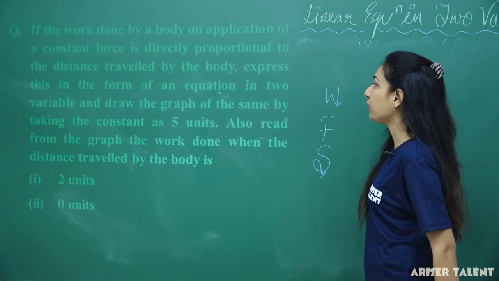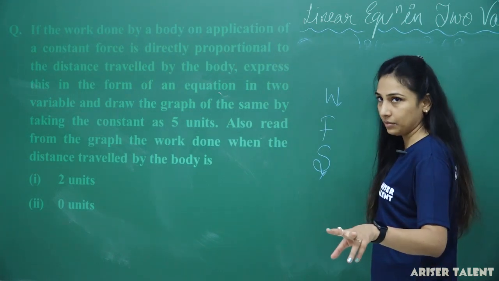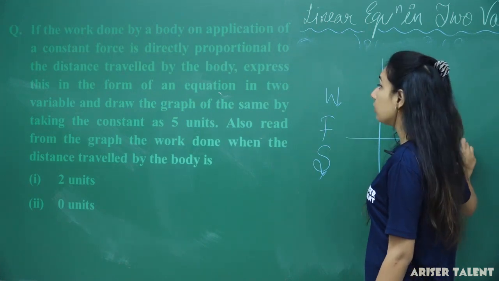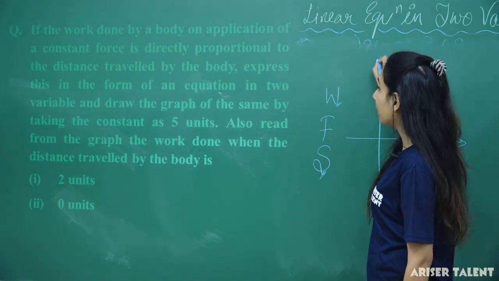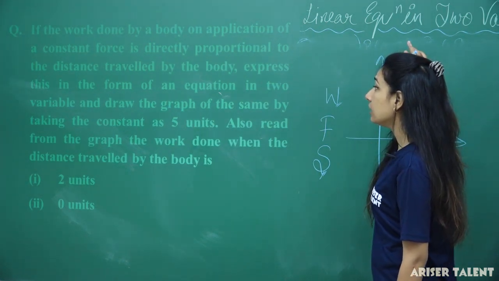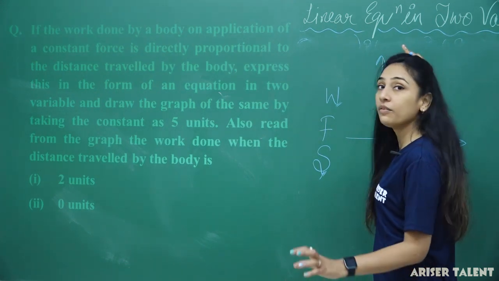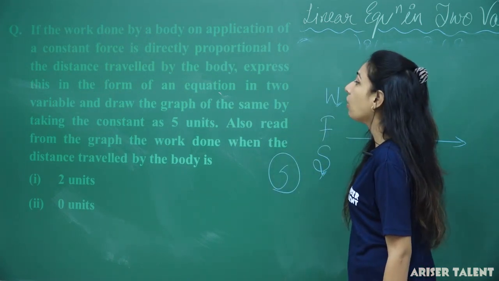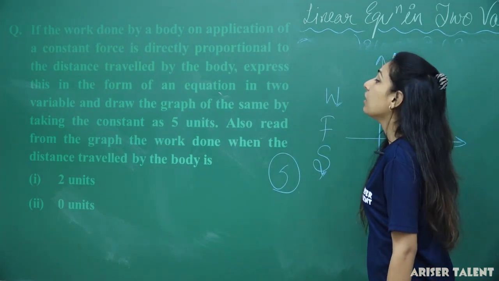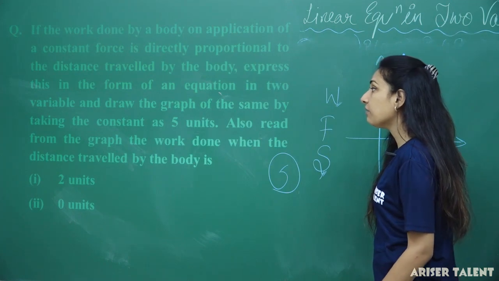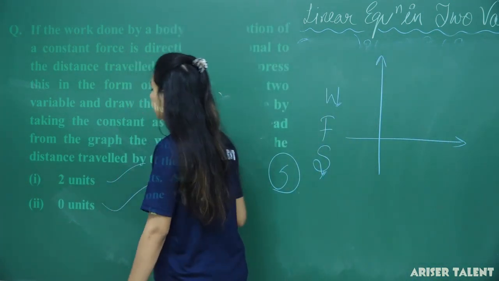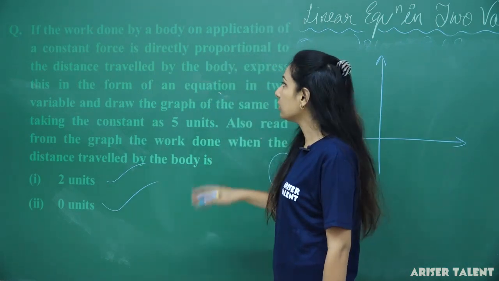Express this in the form of an equation in two variables and draw the graph of the same by taking the constant as 5 units. So your constant is 5 units, and also read from the graph the work done when the distance travelled by the body is 2 units and 0 units. Okay, so this is your question.